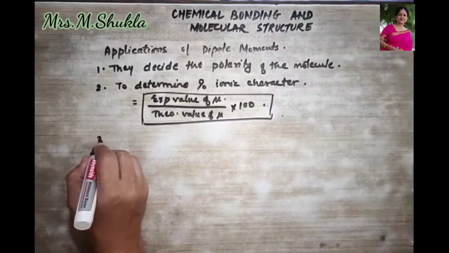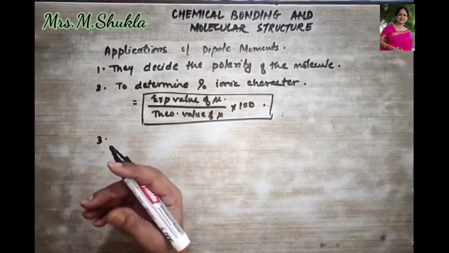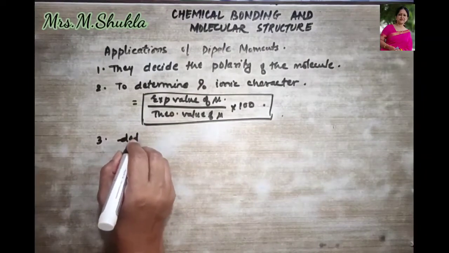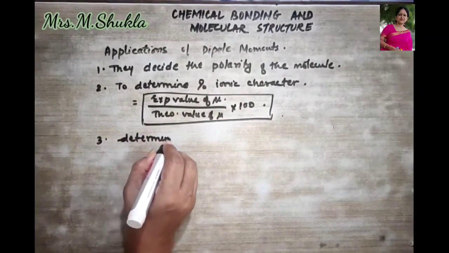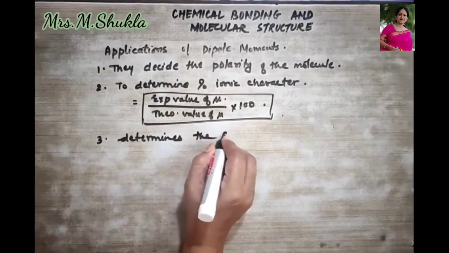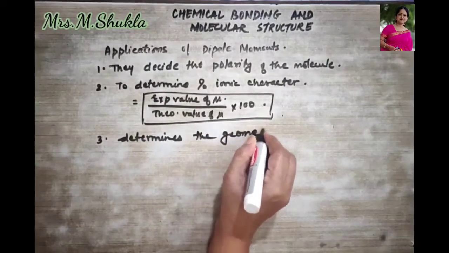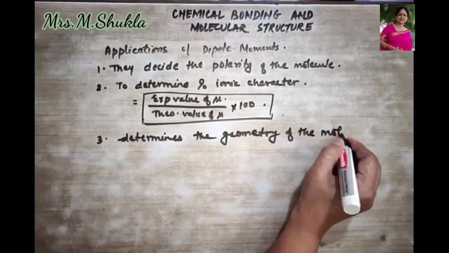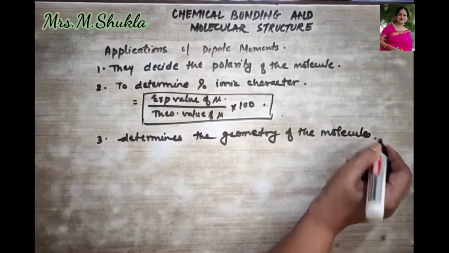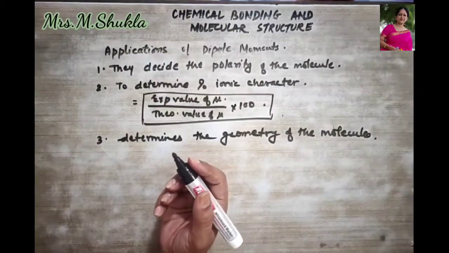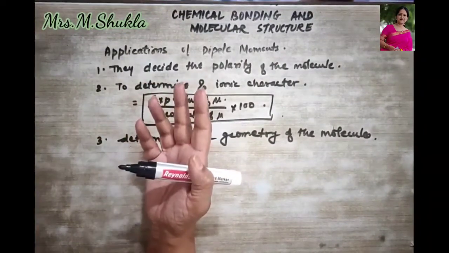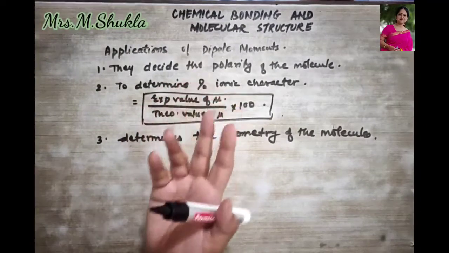Then they also help to determine the geometry of the molecules. For example, like just now we had studied carbon dioxide forms a linear structure where dipole moment is 0.